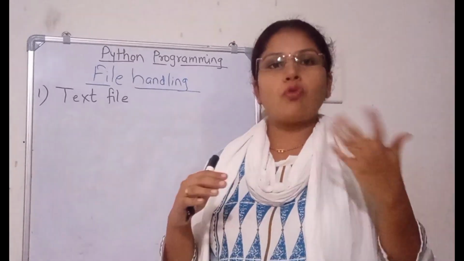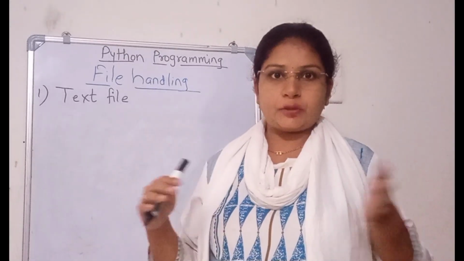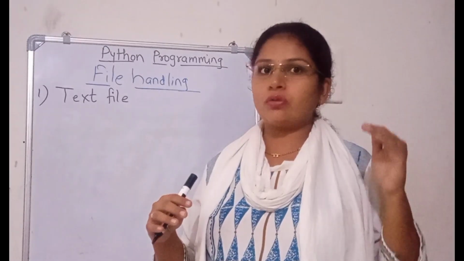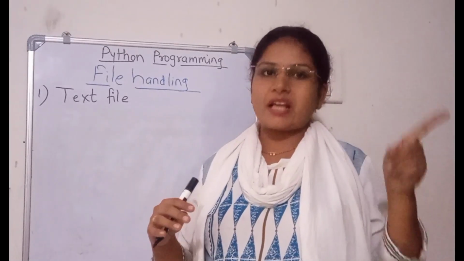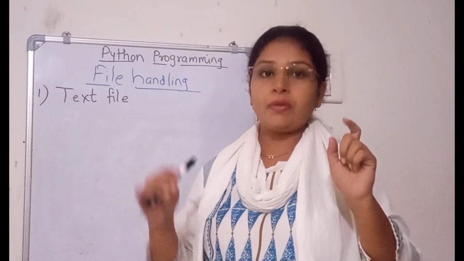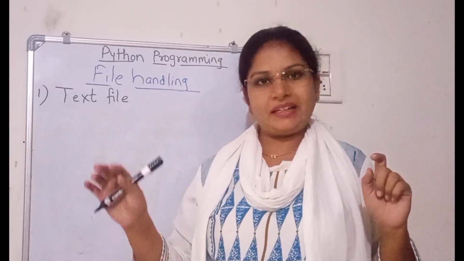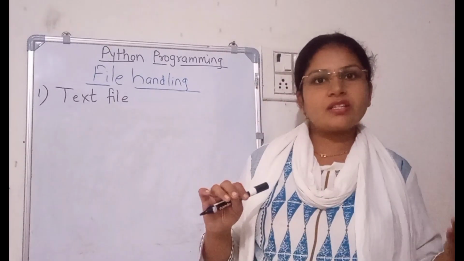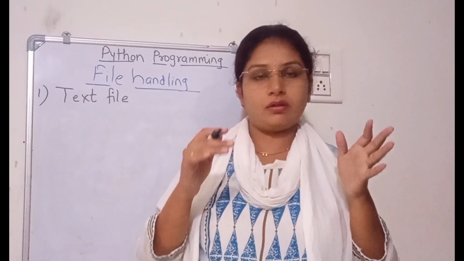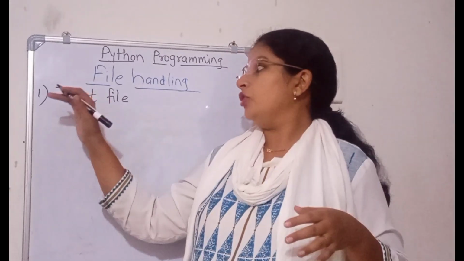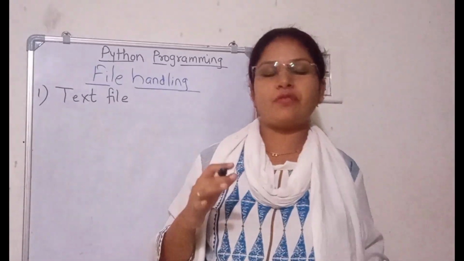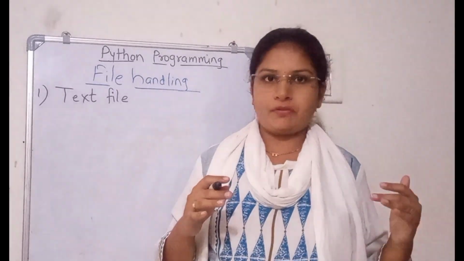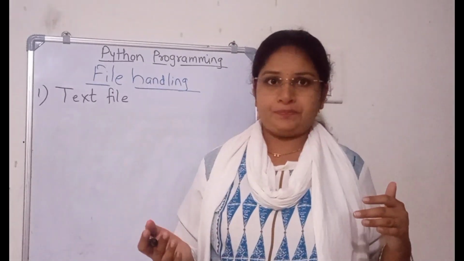So if you want to create the file explicitly, you open Notepad, write some content to the file, and save that file with a particular name with the extension .txt. That will be your text file. After you create this file, you can import this file in the Python program, and then you can read from the file or write to the file.